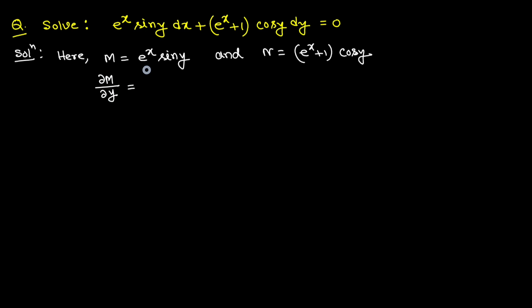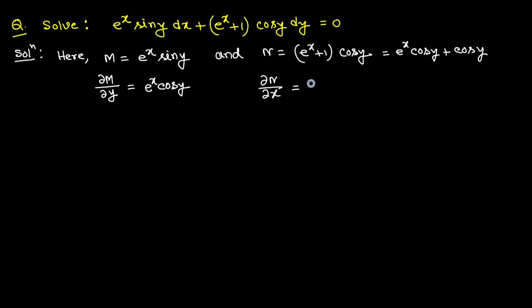So all other variables except y will be considered as constant. So that means here e to the power x is our constant. So the derivative with respect to y will be e to the power x cos of y. Okay, and del n del x, this is equals to, actually e to the power x plus 1 cos y, we can write this is e to the power x cos y plus cos y.